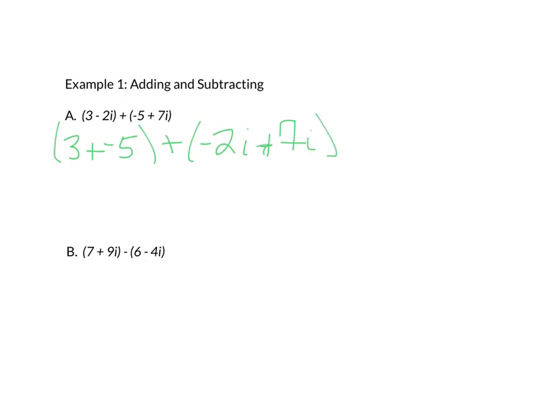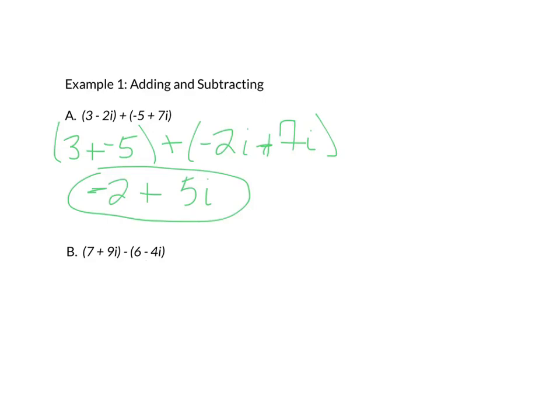So the 3 plus negative 5 gives us negative 2, plus negative 2i plus 7i, which is positive 5i. Treat your i like it's a variable in this case, like it's x. So if it was negative 2x plus 7x, that would become positive 5x.